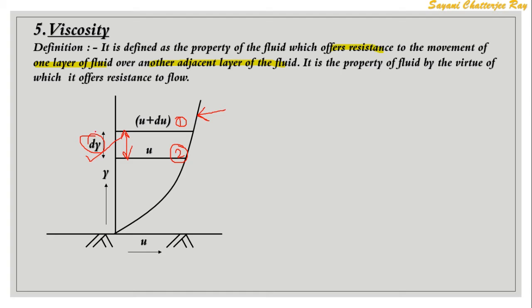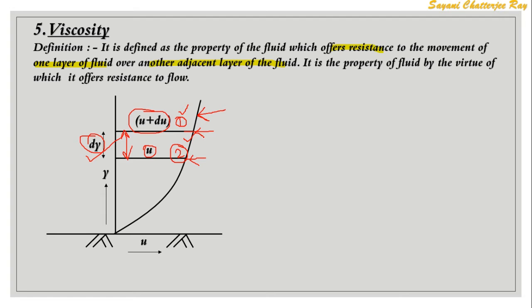When the two layers of the fluid at a distance of dy apart move one over the other at different velocities, that is u and u plus du, the viscosity together with the relative velocity causes a shear stress acting between the two fluid layers, 1 and 2. The top layer causes a shear stress on the adjacent lower layer, while the lower layer causes a shear stress on the adjacent top layer.